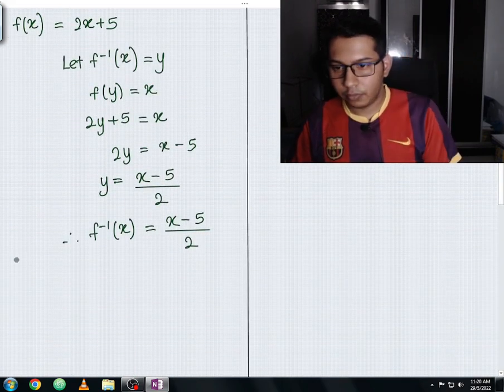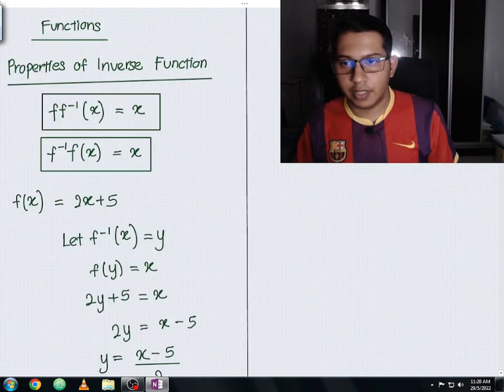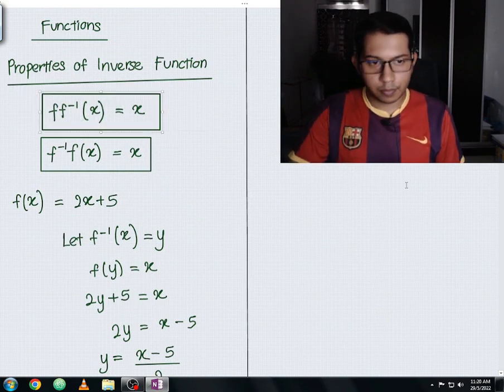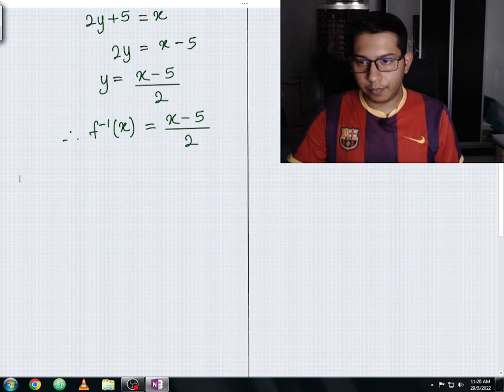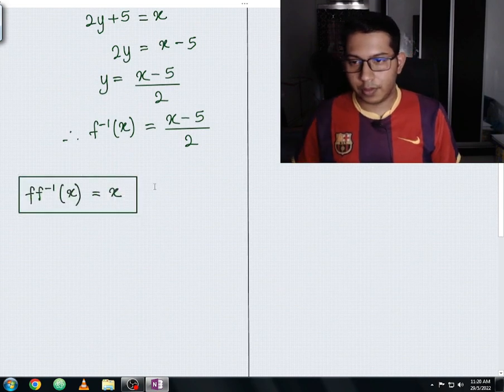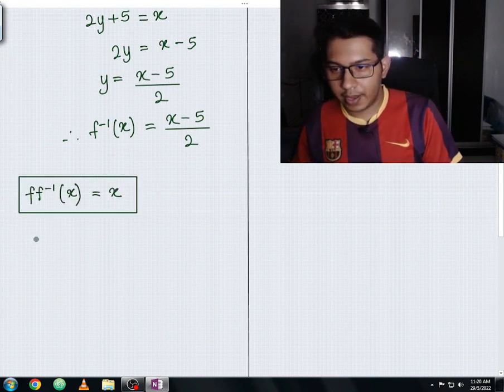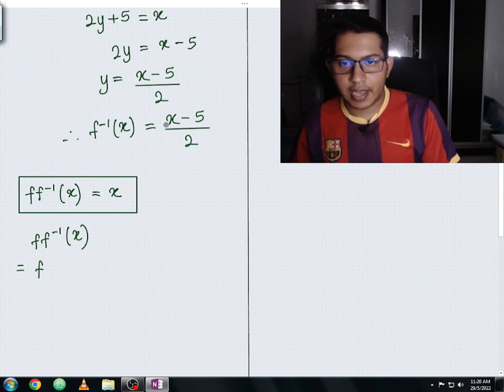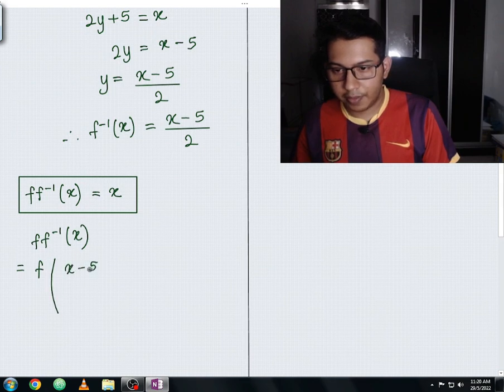So from here let us begin with the first one. So f f inverse x, your f inverse x you get is x minus 5 divided by 2, so you just substitute over here, in a bracket, x minus 5 divided with 2, close bracket.